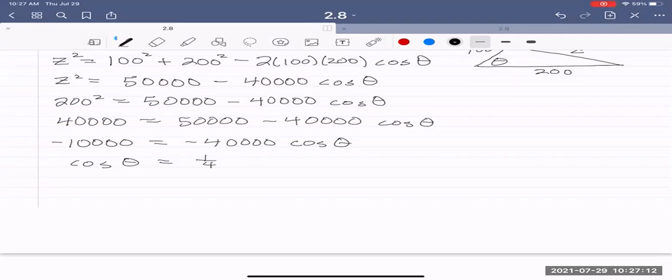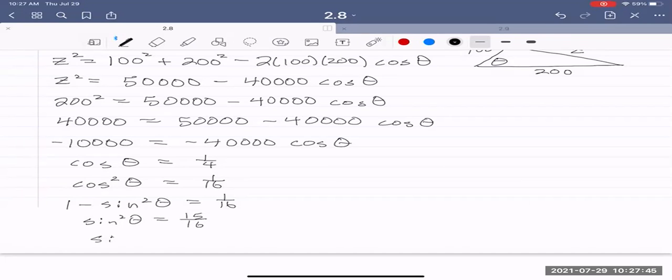Let's square both sides. So I get that cosine squared is 1/16. And so sine squared is 1 minus cosine squared, which is 15/16.